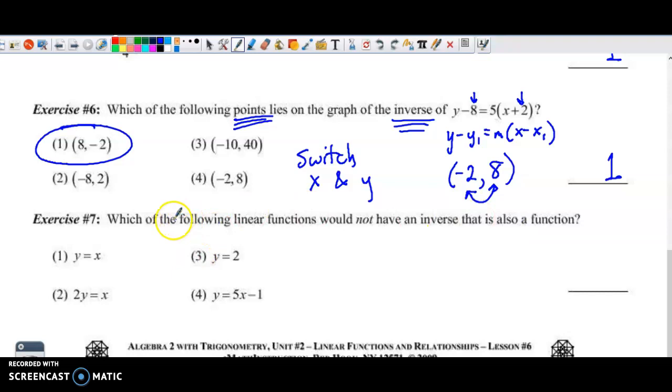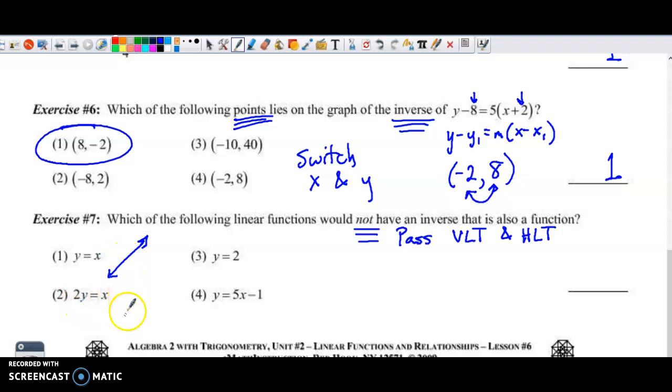And the last one is asking which of the following linear functions would not have an inverse. So as a reminder, if you're going to have an inverse, this has been a while, but it was in exercise 1, it must pass the vertical line test and the horizontal line test. So as you go through some of these options, y equals x is just a diagonal line, passes through the origin.